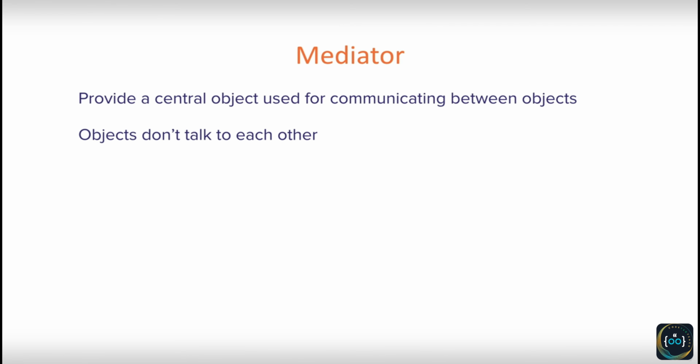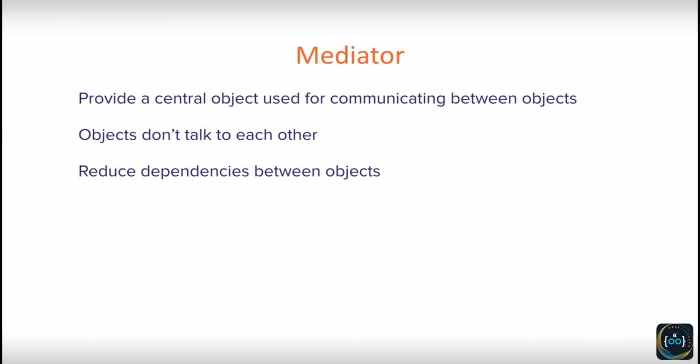The objects don't talk to each other, they talk to the mediator, and this obviously reduces dependencies between objects. The objects no longer need to know how to reach every other individual node in the system. They just know how to reach the mediator, and then the mediator will forward the message to the final destination, right? So very simple, very intuitive.